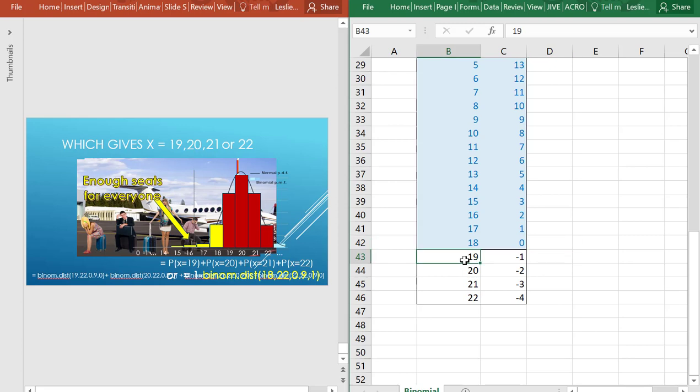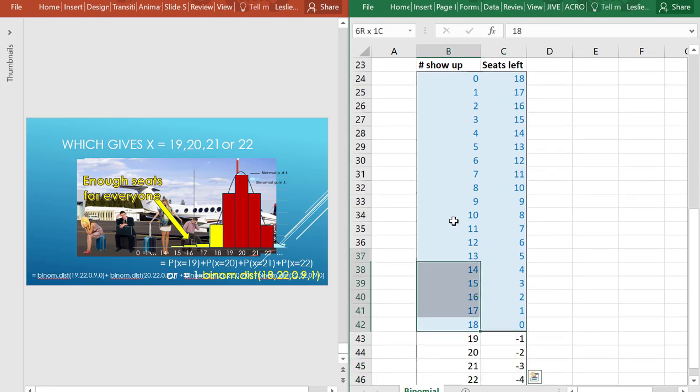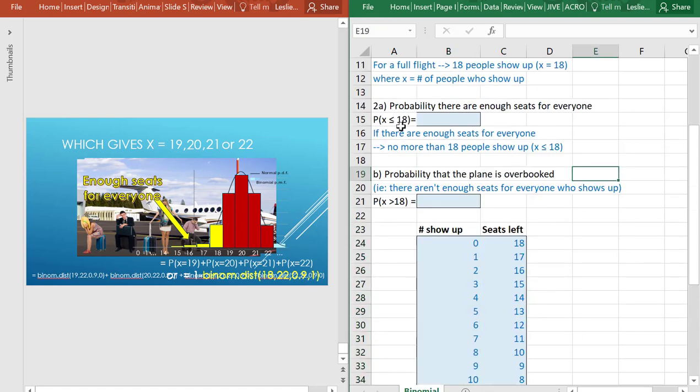If 19 people show up to 22, well, we're out of luck. These are our number of overbookings here. Okay, so if anywhere up to 18 people show up, we have room for them all. And it could be any scenario, anywhere from nobody showing up to all the way up to the 18. So we want to look at the odds of X being less than or equal to 18. So this shaded area right here.